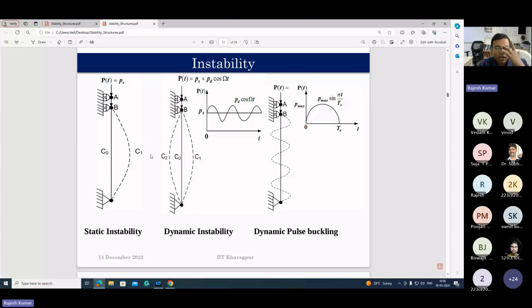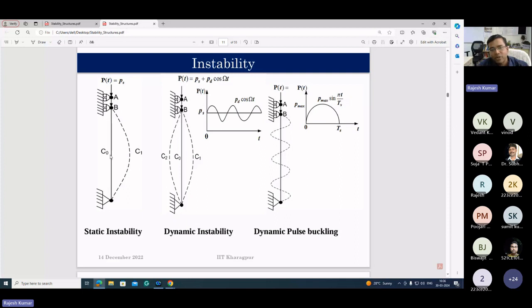This is some example I have given. Look at this column example. One side is roller, one side is hinge. You give a load PS, which is a static load. Now I'm going to give a completely static load here. Then what will happen?